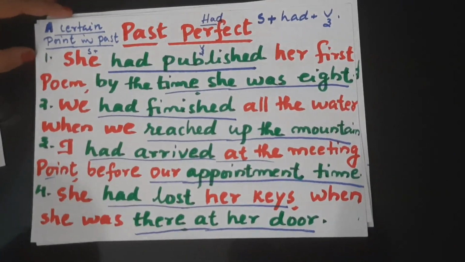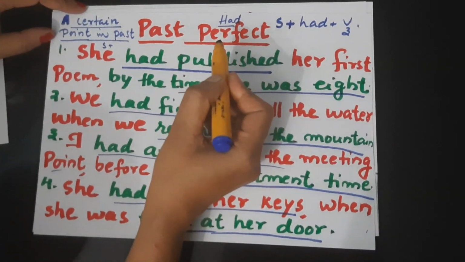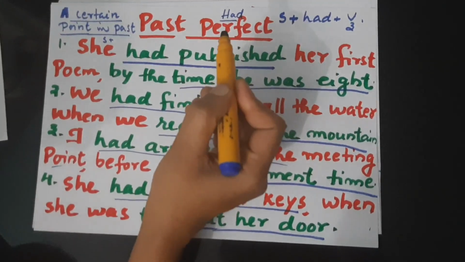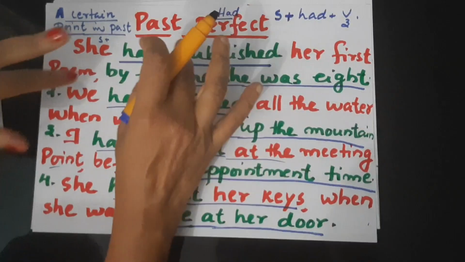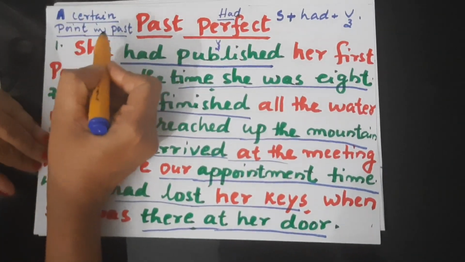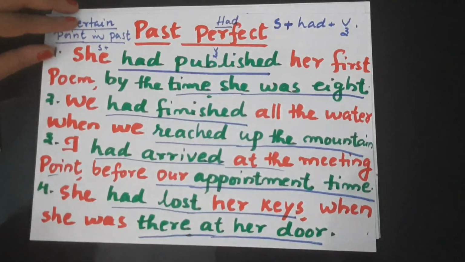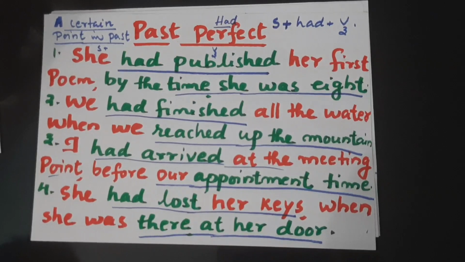As I told you, past perfect tense can be used to talk about an action that had completed before a certain point in the past. So go through these examples once again, you will get it.